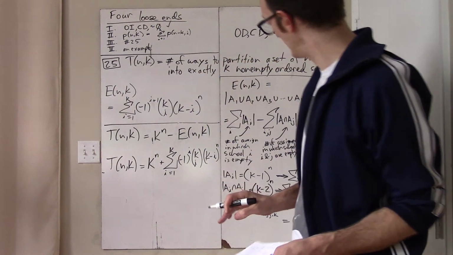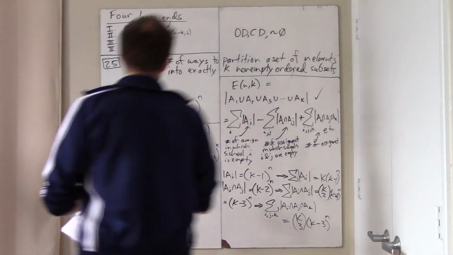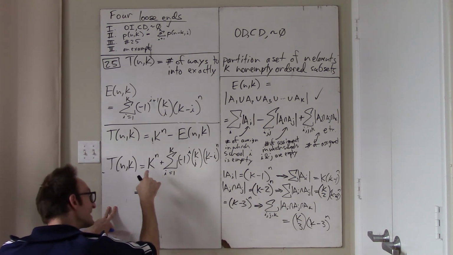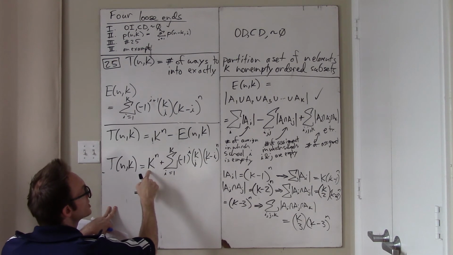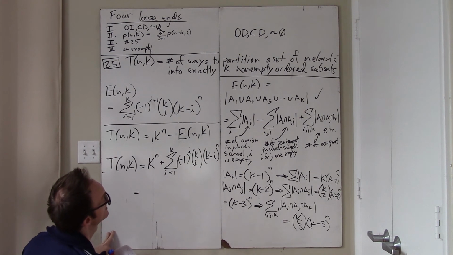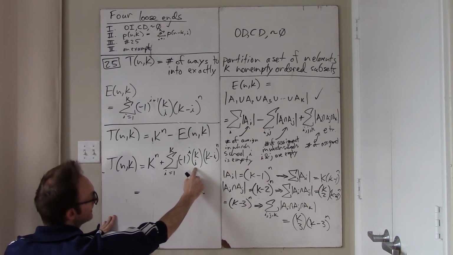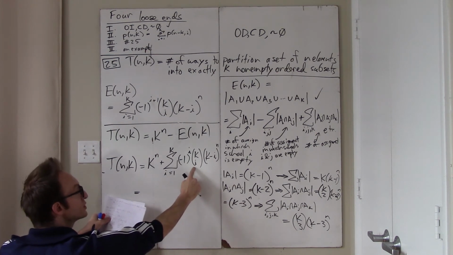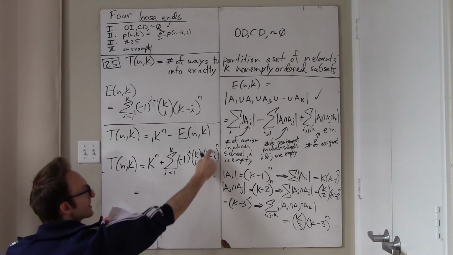And finally, if you are a very fancy person, you can observe, this is how I think about it at least, that k to the n is just k choose 0, which is just 1, times, if I is 0, then it's just k to the n.